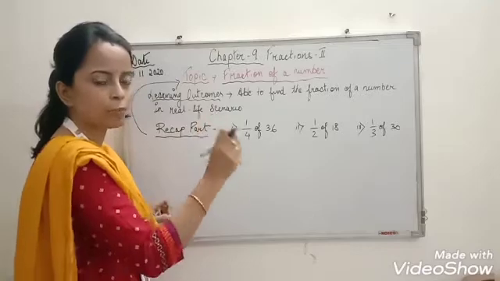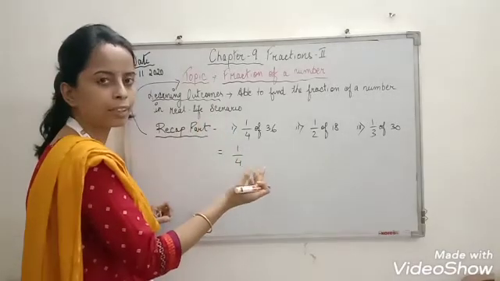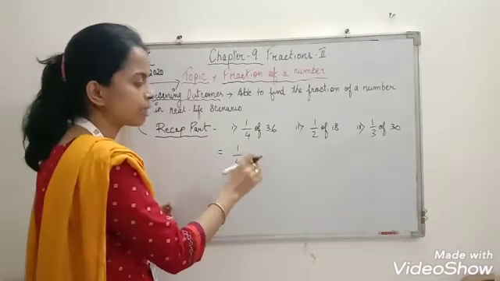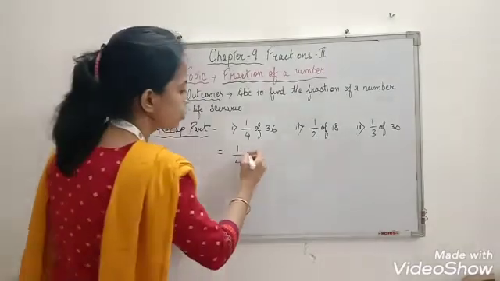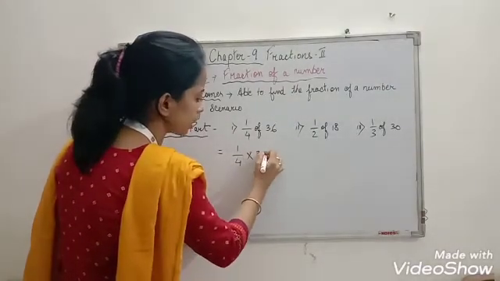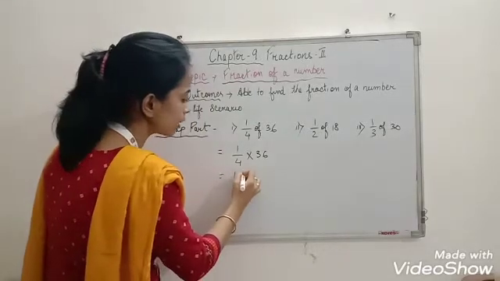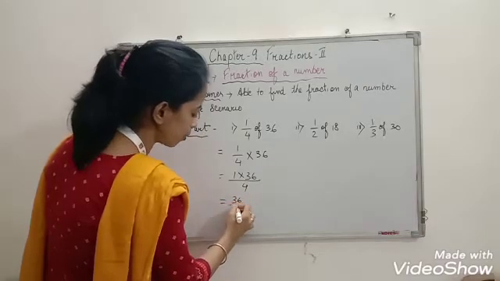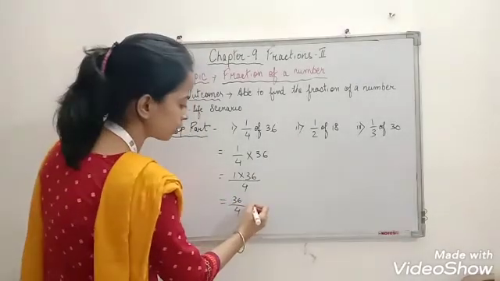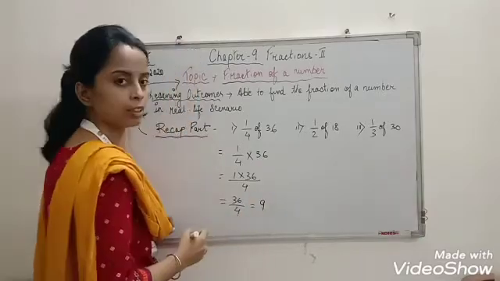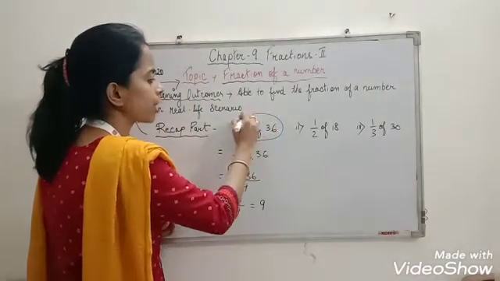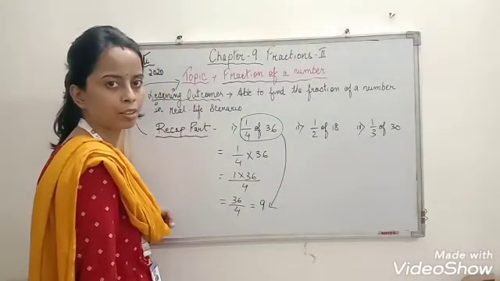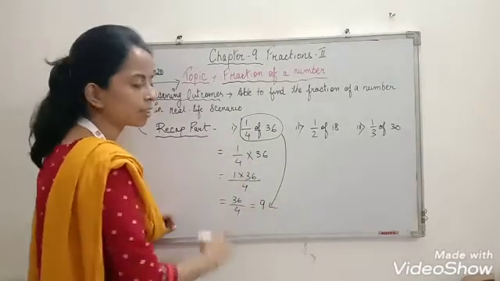To find the fraction of a number, we have to multiply the number by the fraction. 1/4 into 36. So 1 into 36 by 4. 36 by 4 comes how much, children? 9. So 1/4 of 36 is 9.